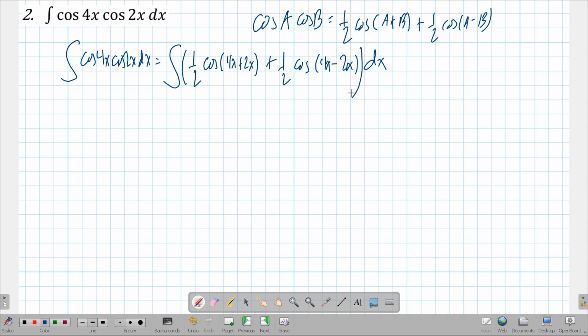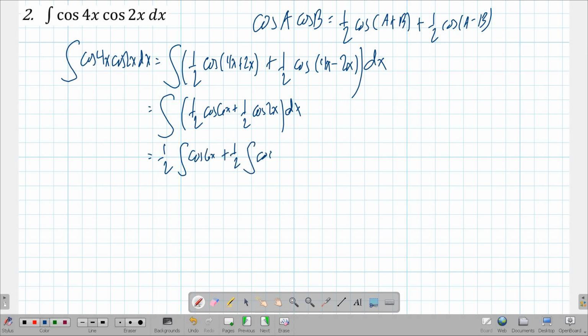So from there, I'm going to have the integral of 1/2 cosine 6x plus 1/2 the cosine of 2x dx. From here, we can separate the integrals as 1/2 integral of cosine 6x plus 1/2 integral of cosine 2x dx, which we can easily work with using substitution.